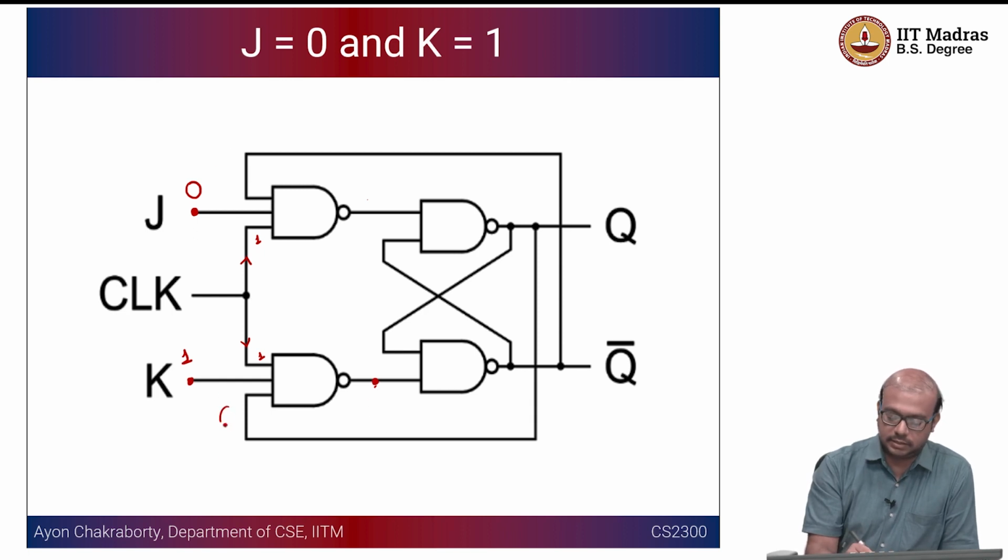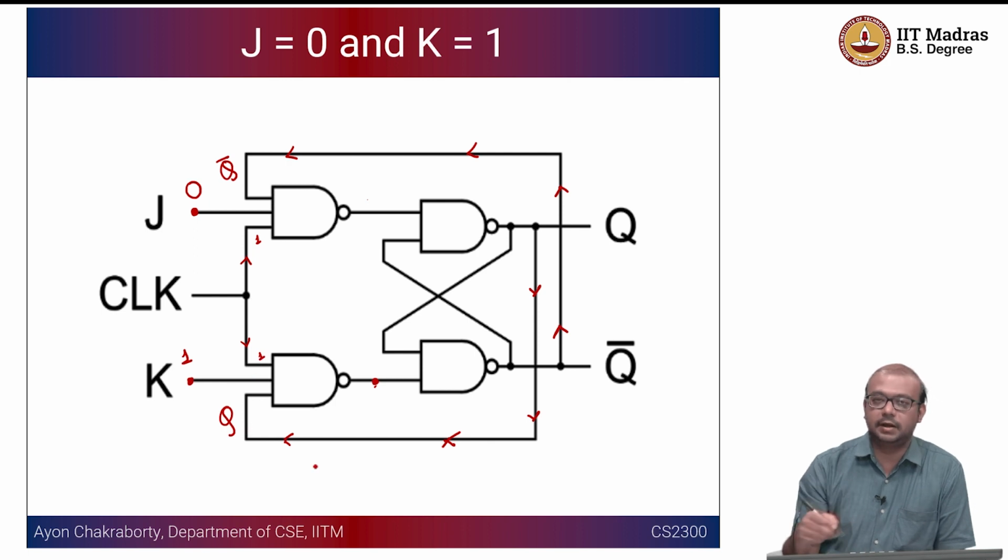So this is Q, this was Q bar, this is coming all the way as a feedback, and this Q is coming via this line. So this is 1.1.Q, which is the AND, and the NAND is going to be Q bar. What is the other input? The other input is basically Q.